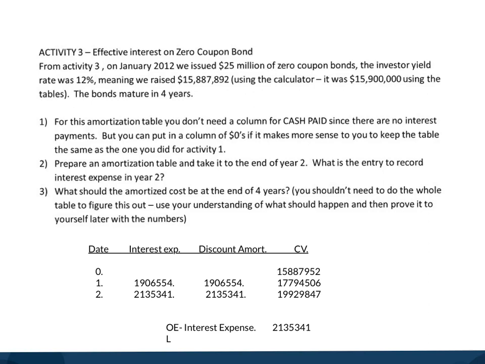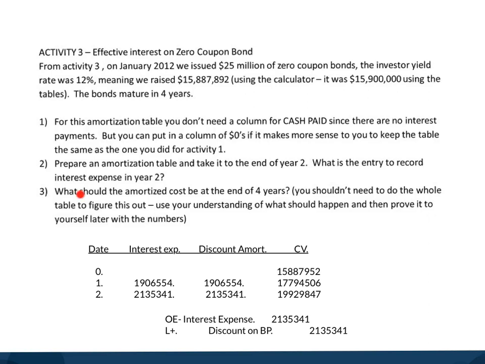And the liability is going to get bigger. Every time I do an amortization of the discount, I credit the discount account. Bonds payable, and that is going to be my credit here, 2135341. And that would be the entry.